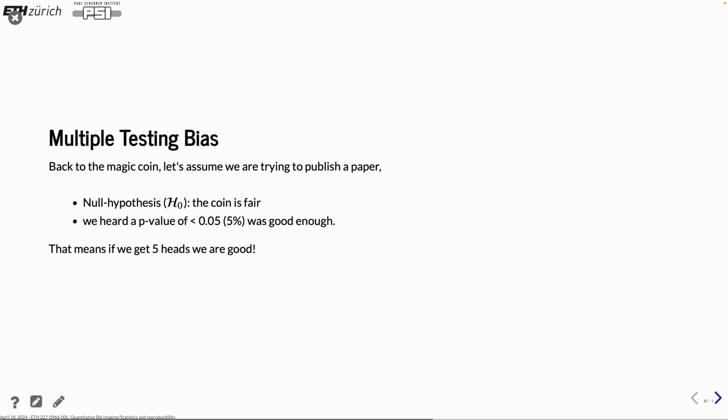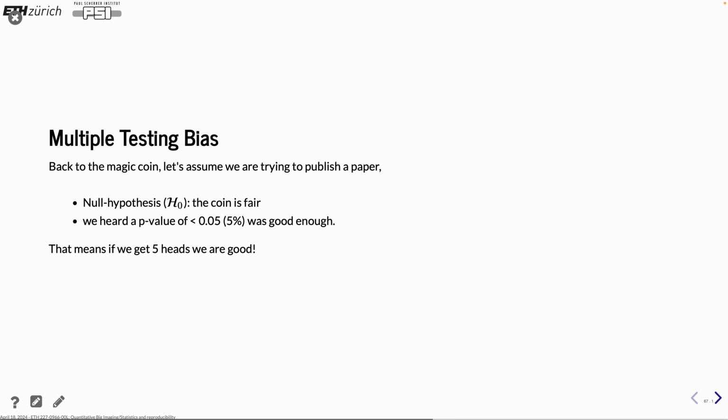And we heard that a p-value of 0.05, so 5%, is good enough. That is true for many observations in biology. If you go to some physics observations, then you need a much smaller value to be seen as valid.